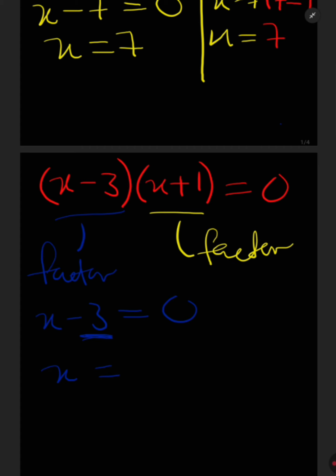So you shall ultimately have x equals 3. Also, you shall have x plus 1 equals 0. And as I said before, the simplest explanation is that you can take the plus 1 to the other side. It will become minus 1.